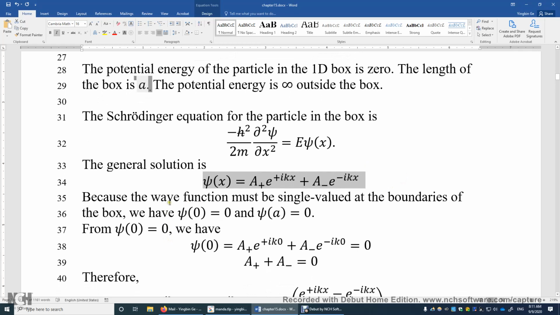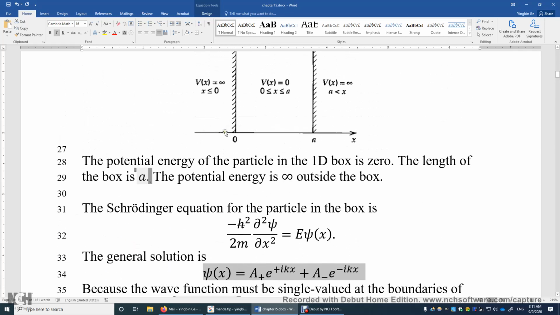Now, this wave function must be single-valued at the boundaries of the box, so outside the box, psi is 0. Over here, psi is 0. Therefore, at x equals 0 and x equals a, the value of the wave function has to be 0, just to make sure the value is single-valued here and here.